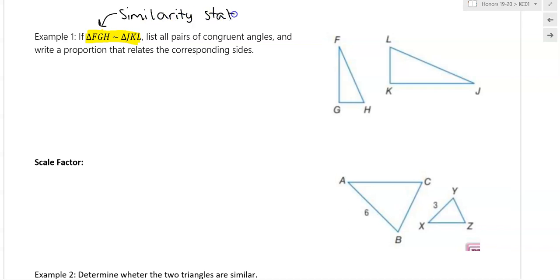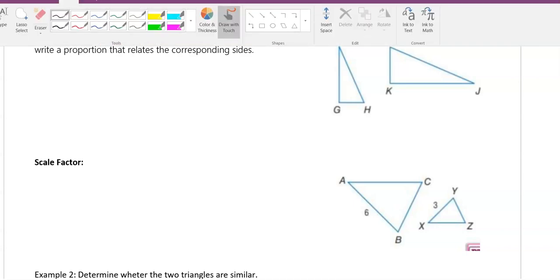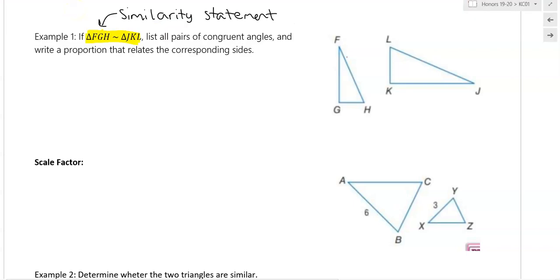When you're writing a similarity statement, you have to go in the correct order. So when it gives you a similarity statement, you can use that to know what the correct order is. So for example, I know angle F is congruent to angle J because they're both in the first position of my similarity statement. Okay? So we'll write that.